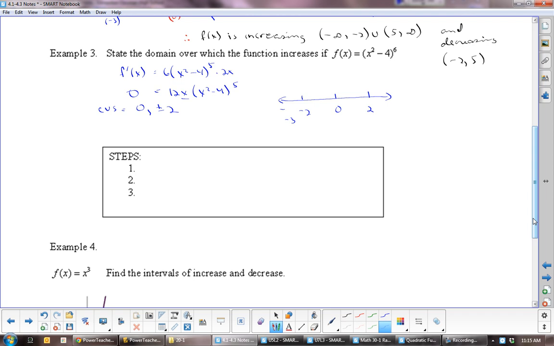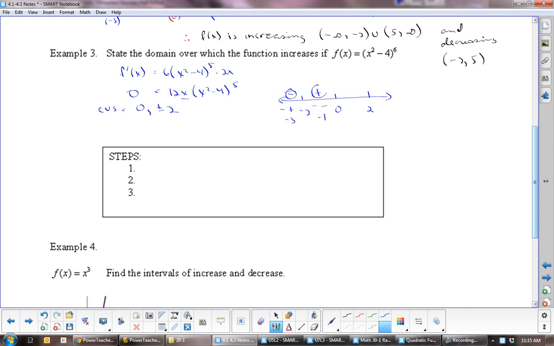And then I've got -3 squared is 9. 9 minus 4 is positive. So I will have a negative right here. Let's use -1. So 12 times -1 is negative. Then I've got -1 squared is 1. 1 minus 4 is negative to the 5th. It's negative.